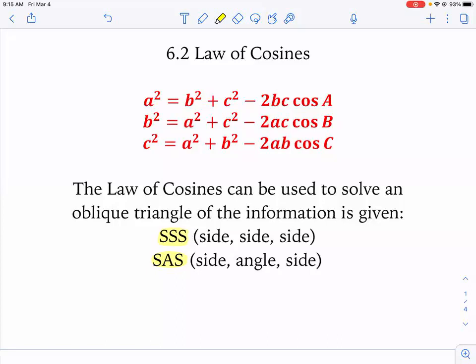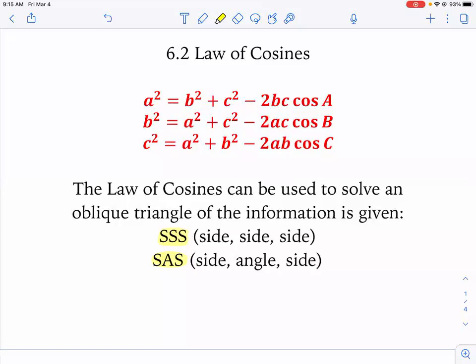Whatever side you have squared here, the other 2 sides squared are here, minus 2 times those 2 sides times the cosine of the angle that matches the loner side. So if you only wrote down this first one, you can get the other 2 just based off of that pattern.